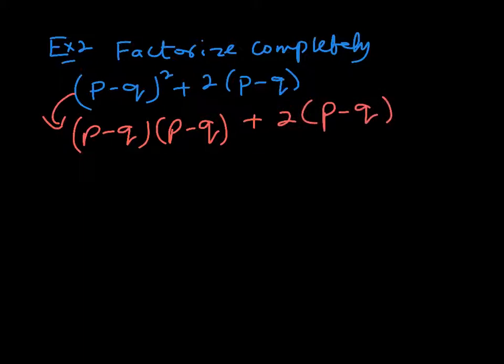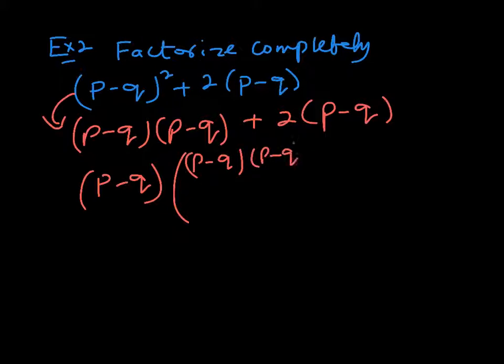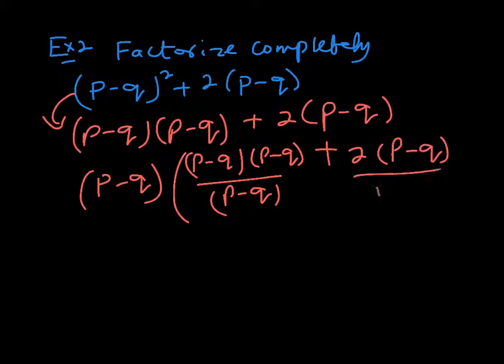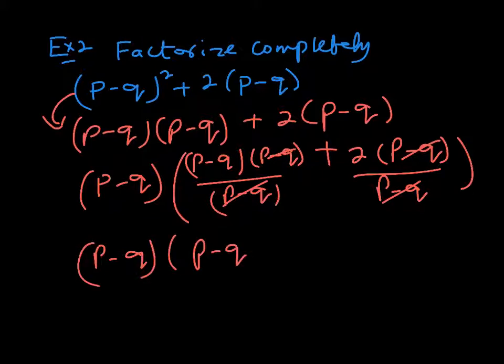Okay, this is quite familiar to us, so we see that p minus q is common to both sides, so we'll take out p minus q, and what we have left is p minus q into p minus q divided by p minus q, plus 2 into p minus q divided by p minus q. Okay, the p minus q cancels out, and so what we have left is p minus q into p minus q plus 2.